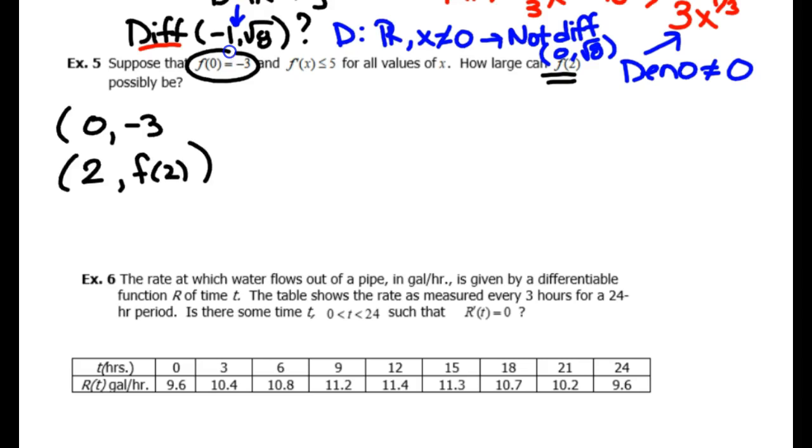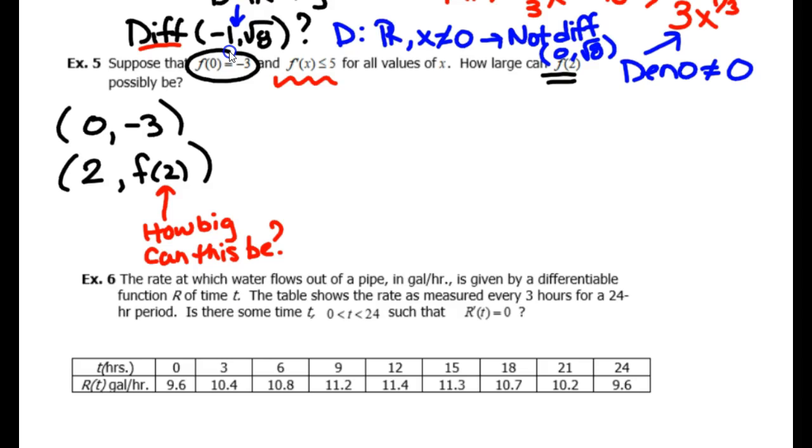And they actually say, how big can this be? It does say here that the derivative is always less than or equal to 5. So that means the slope of this secant line will never be greater than 5.